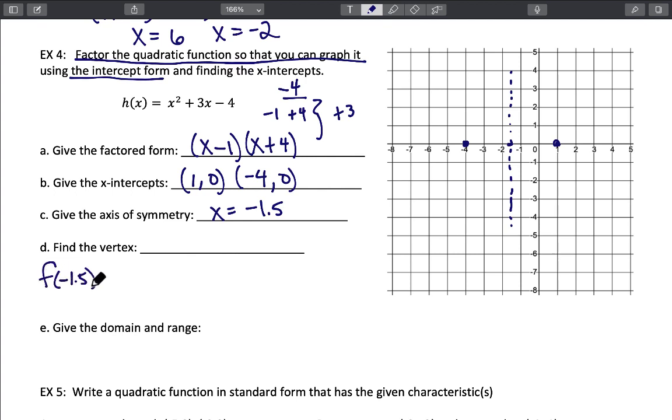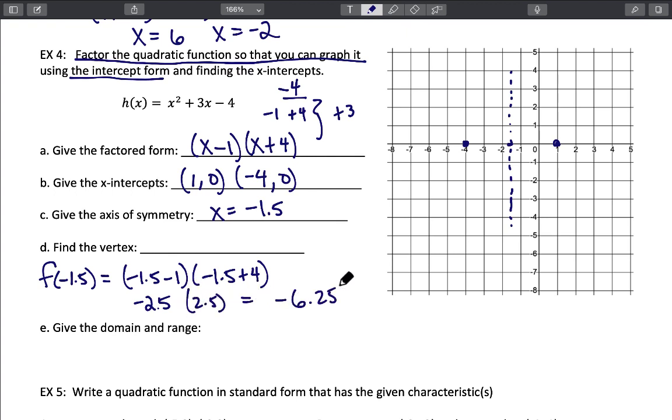Now to find my vertex, I need to plug that negative 1.5 in, and I'm going to use my factored form to evaluate that. That gives me negative 1.5 minus 1 times negative 1.5 plus 4. That's negative 2.5 times a positive 2.5, and that results in negative 6.25. So my vertex is at the point (negative 1.5, negative 6.25).